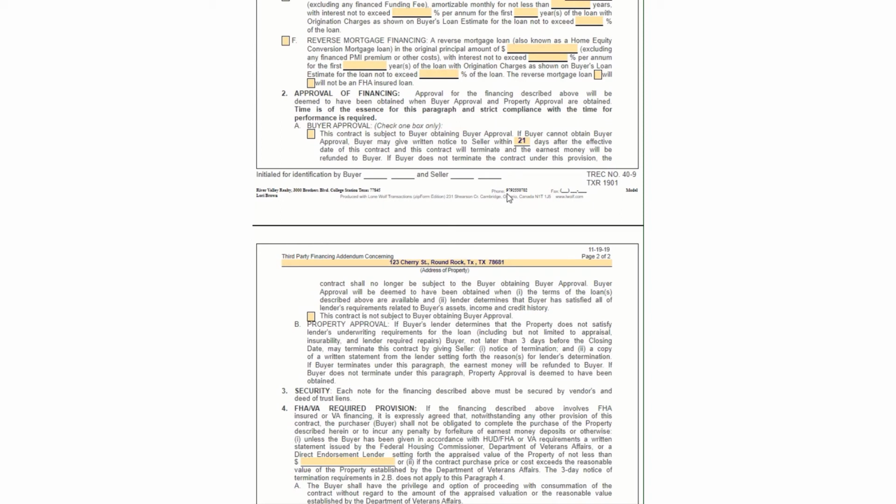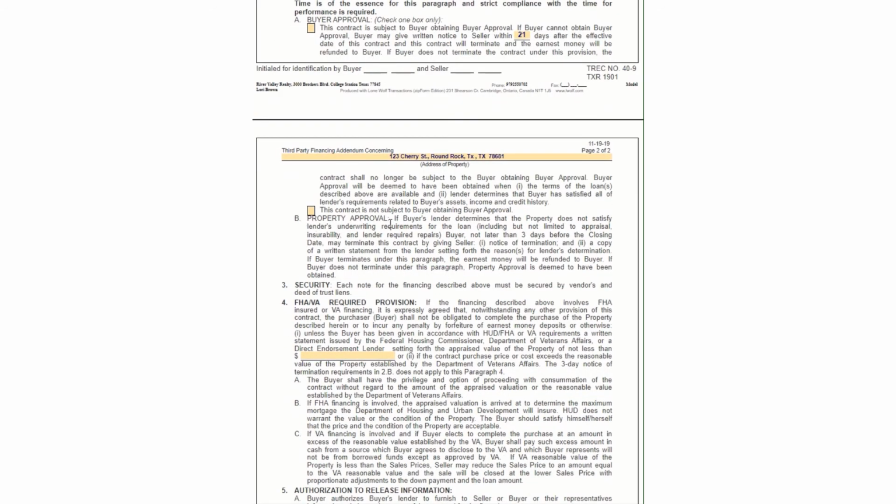So I heard one realtor say that you would check this if you knew you had loan approval. In my opinion, it's impossible to know with certainty that you have loan approval. So I would only check this if I knew the buyer had the funds to cover the purchase in the event he doesn't get loan approval.